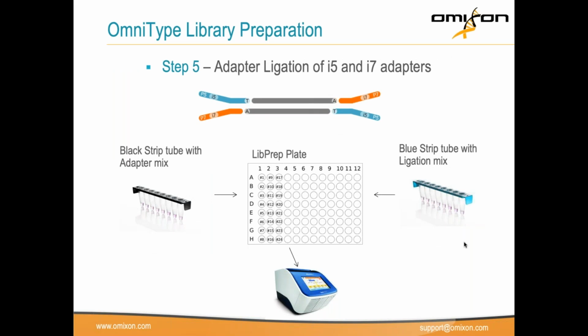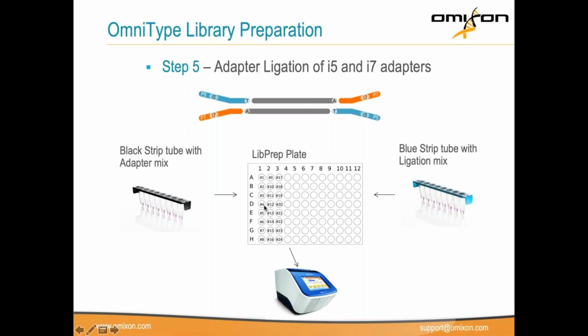Once the fragment Taylor reaction is complete, the next step is the adapter ligation of the I5 and I7 adapters. So once again, we take the same plate that we were using previously, and we add the adapter mix that comes pre-mixed and pre-aliquoted in a black color-coded strip tube, and the ligation mix that comes pre-mixed and pre-aliquoted in a blue strip tube.